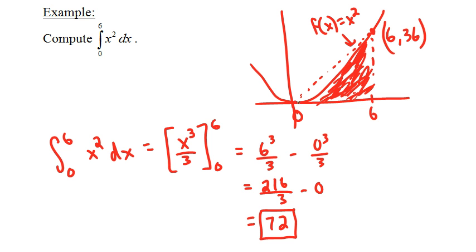In fact, the area of that triangle would be 1/2 the base, which is 6, times the height, which is 36. 1/2 of 6 times 36 is 108. So the area of that triangle is 108. I guess it makes sense that the area of this region should be less than that. Yeah, 72 certainly seems reasonable. Again, this is just some scratch work over here.